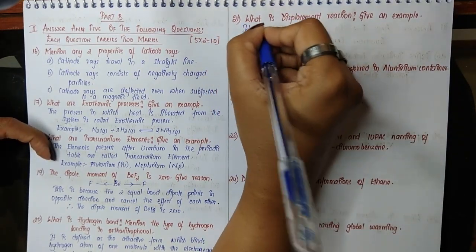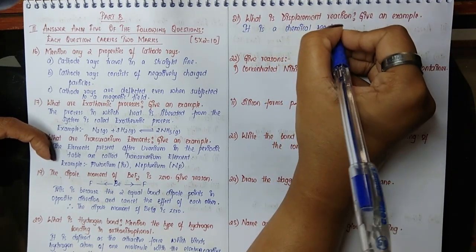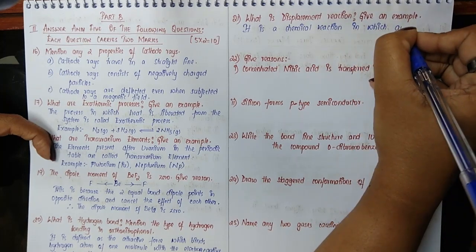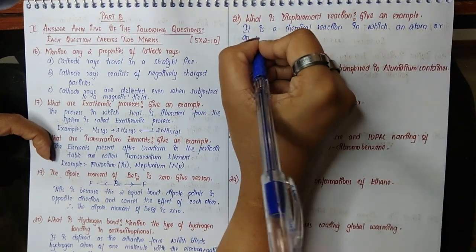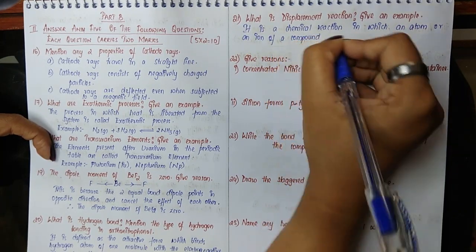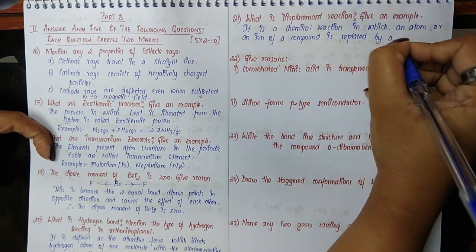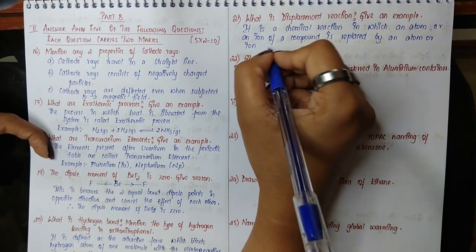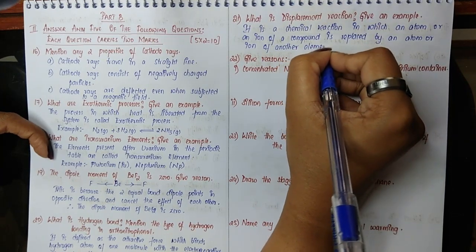It is a chemical reaction in which an atom or an ion of a compound is replaced by an atom or ion of another element. So that's going to be the definition for a displacement reaction.